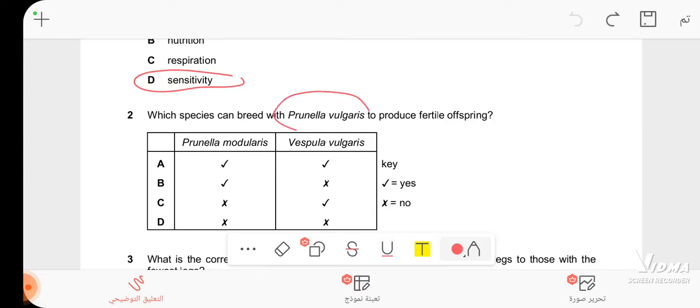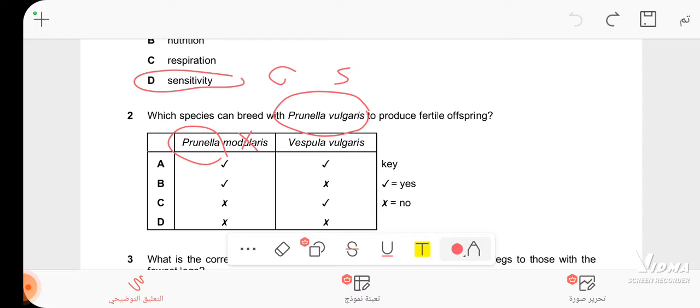Firstly, the name of the organism starts with the genus and ends with the species, which starts with a small letter. The first organism is called Prunella vulgaris. I think they have the same genus but not the same species, so this is wrong.